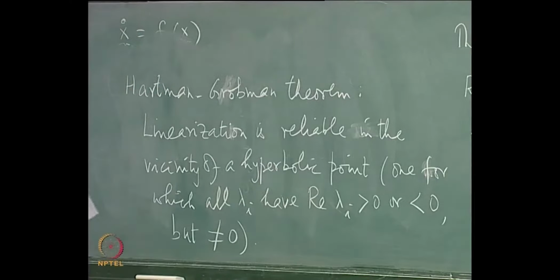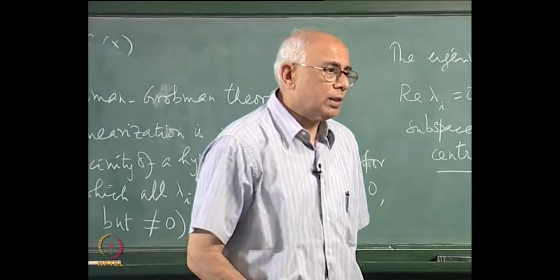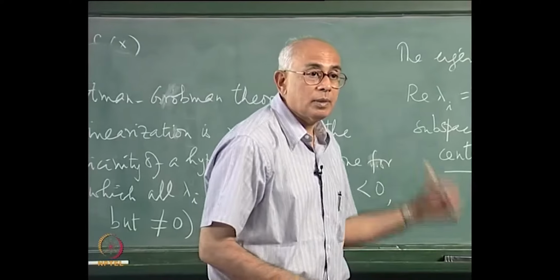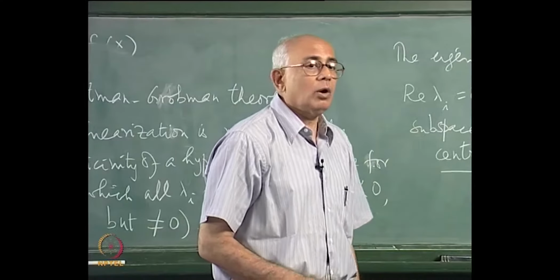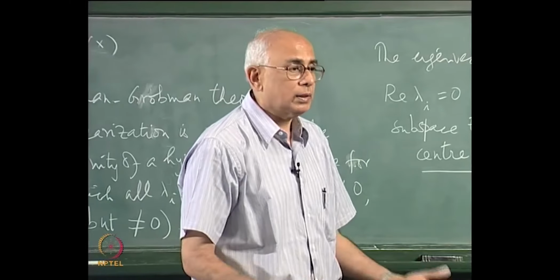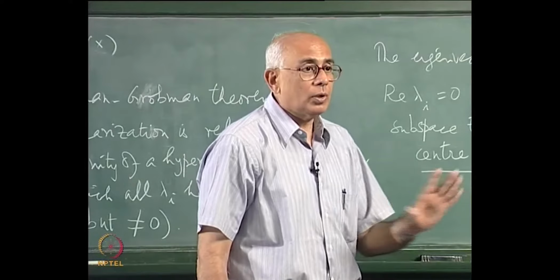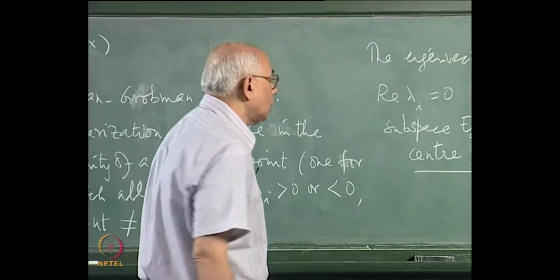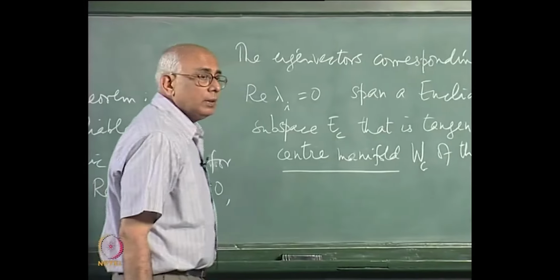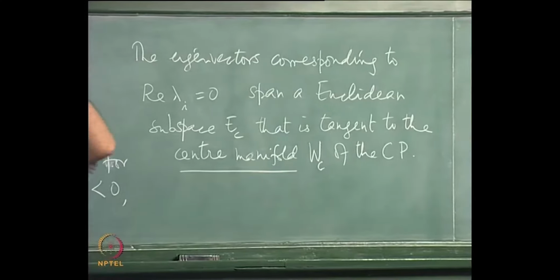But I must say immediately that in practical considerations, when we model real physical systems with dynamics of this kind, very often you discover the systems are not purely hyperbolic, center manifolds do occur, and then you have to examine what the nonlinear problem is in its full glory, and linearization may not always give you the right answer, because you do not have a corresponding theorem of uniqueness for the center manifold.